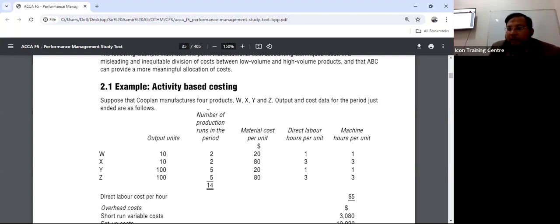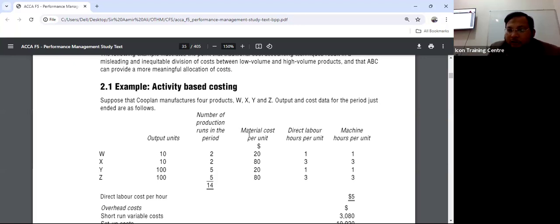So far we can say that if we consider output and number of production runs, then we can clearly identify that Y and Z will be causing more cost as compared to W and X. But when we look at material per unit, the scenario will change. Now, how much material is required to produce one unit of that product? For W, we require $20 to produce one unit. For X, $80. For Y, 20. And for Z, 80.